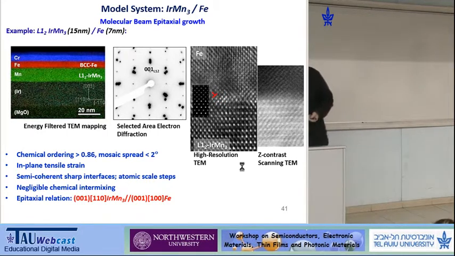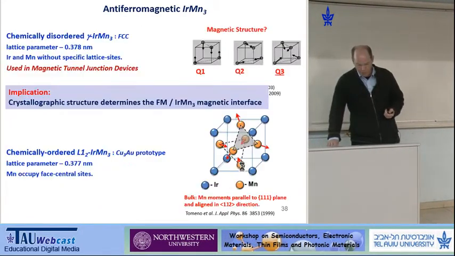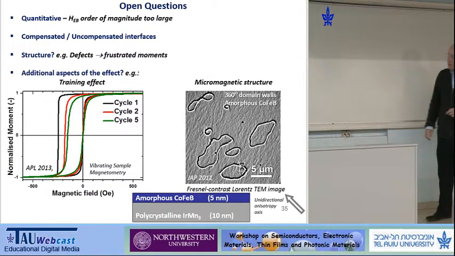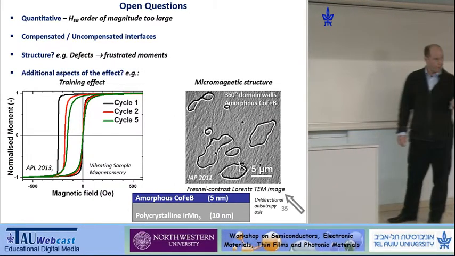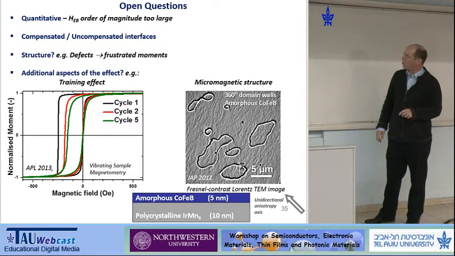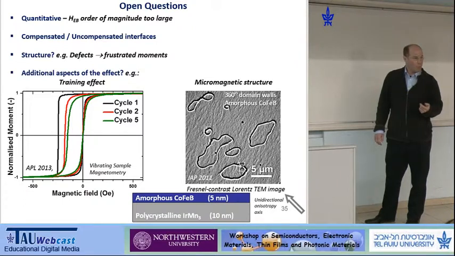And we have work on that which shows that this type of structure, this random orientation, leads to this very peculiar micromagnetic structure. So this is a Lorentz TEM image, and basically the contrast you see here is due to domain walls.